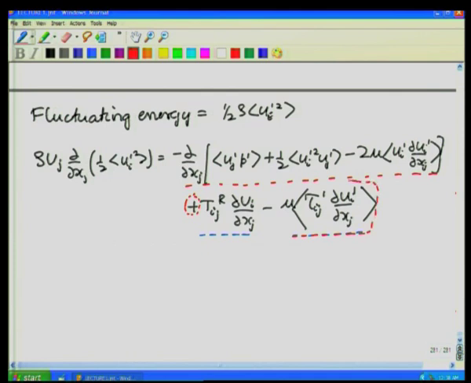You can see this last term here is the fluctuating stress dotted with the fluctuating velocity gradient, tau ij prime times partial ui prime by partial xj. We had discussed this in the context of the fluid velocity when we did the energy conservation equation, and I told you that this term always has to be positive. So, it always removes energy.